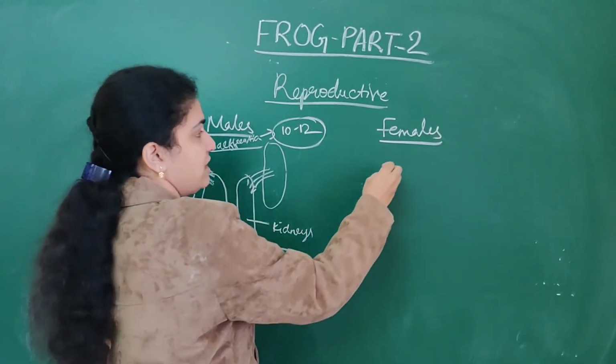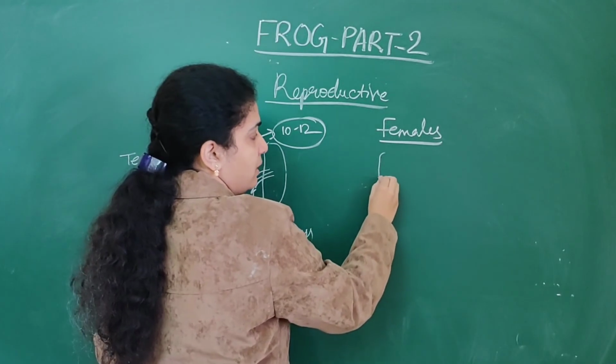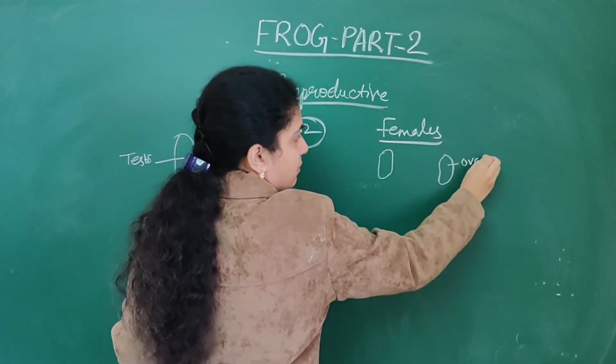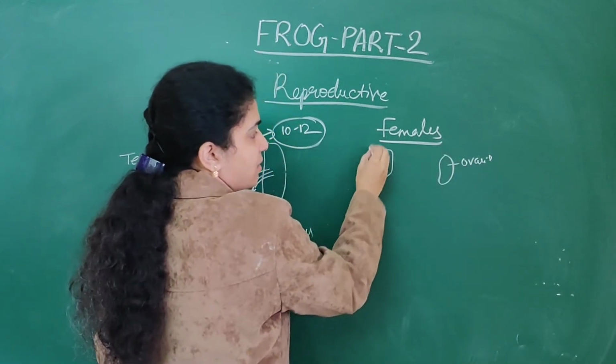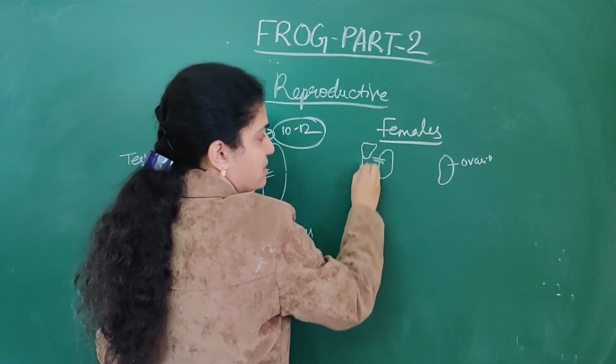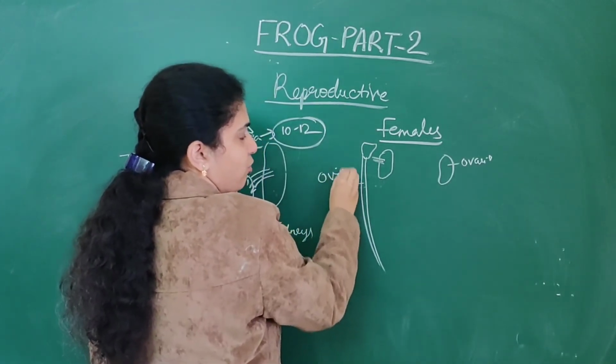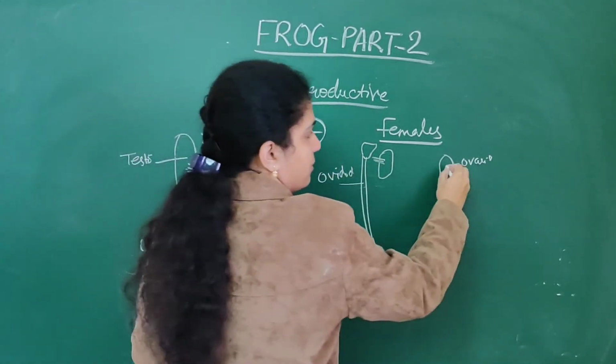Next, when you come to females, here ovaries are present. These ovaries will open into oviducts. On either side, oviducts are present.